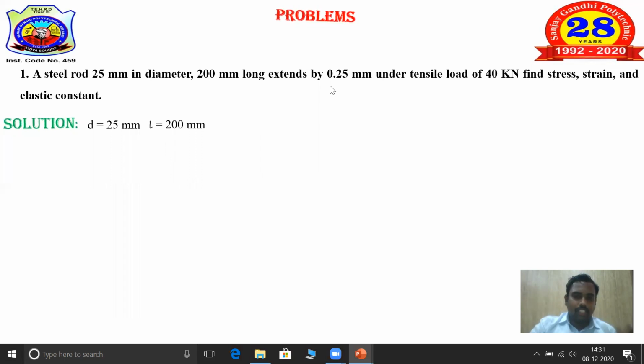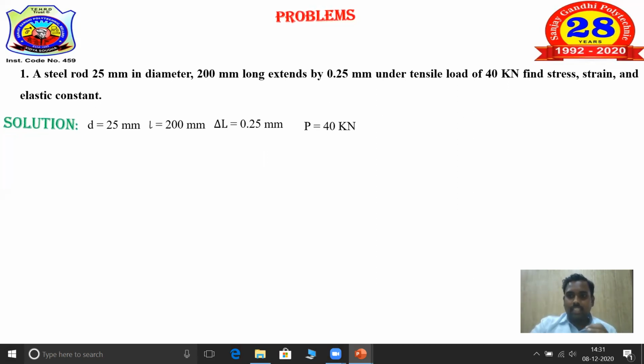So students, whatever it may be, either increase or decrease, we should take it as delta L, change in length. That is nothing but delta L is equals to 0.25 mm. Well, under tensile load, this is nothing but a load of 40 kilonewton. So load is nothing but P is equals to 40 kilonewton.